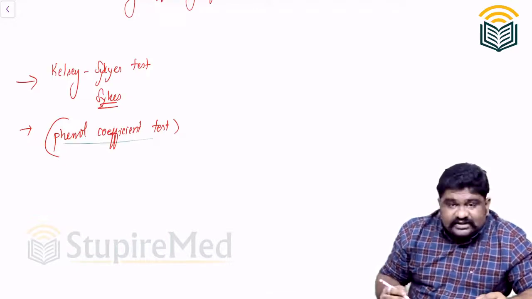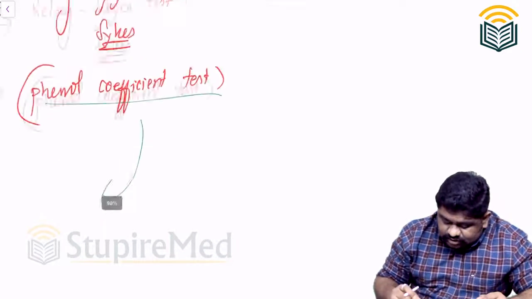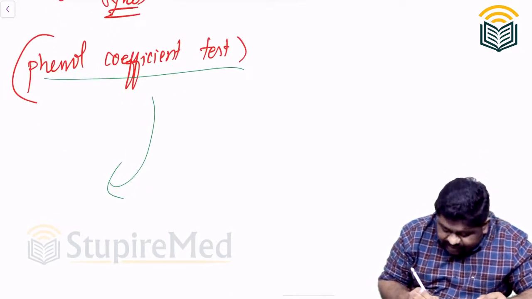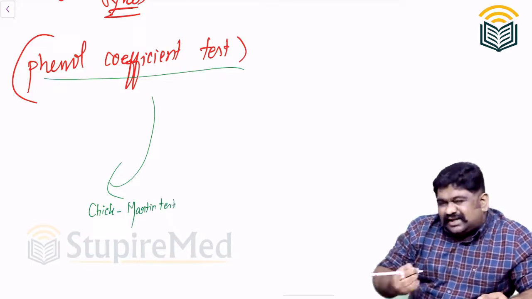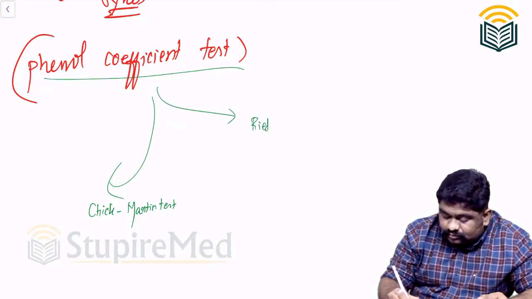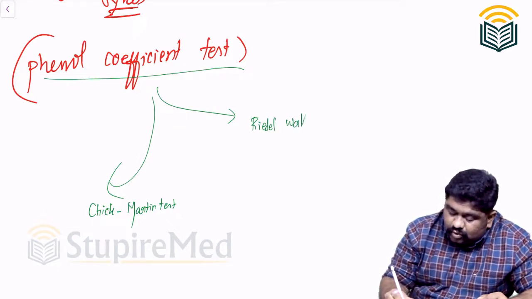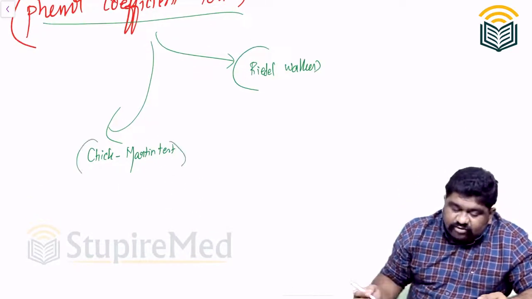Now, the phenol coefficient test can be of two major types. The one that we always learnt in college would be your Chick-Martin test. Very old name that we have come across. Chick-Martin test. The other stylish name will be the Riedel-Walker test. Riedel-Walker test. So what about the Chick-Martin test that you have to know?